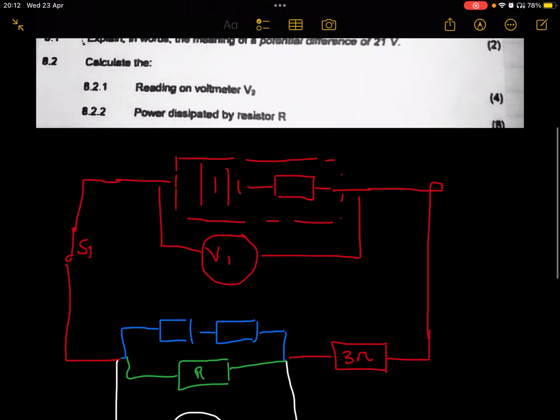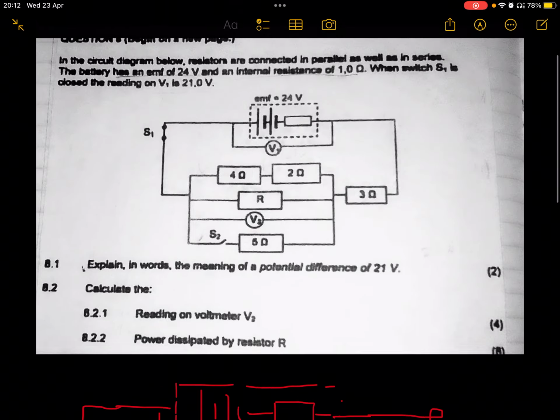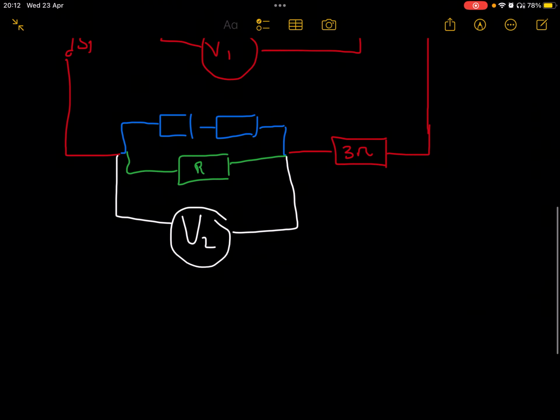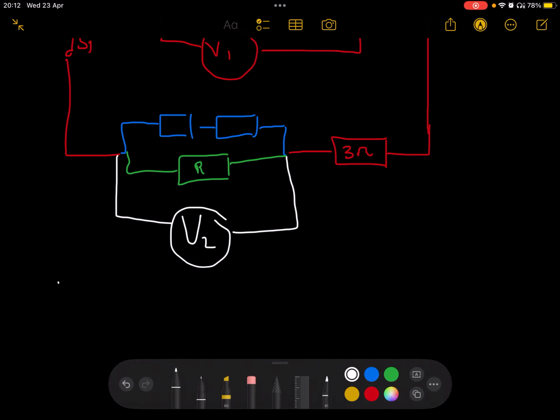Okay, now filling in the information. Given an EMF of 24, EMF is E, it's 24 volts. There is R internal, I'll call it R int, which is 1 ohm.